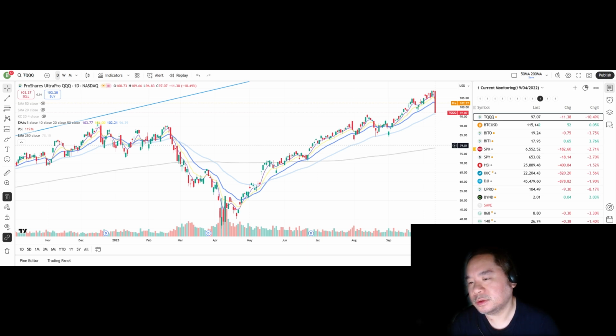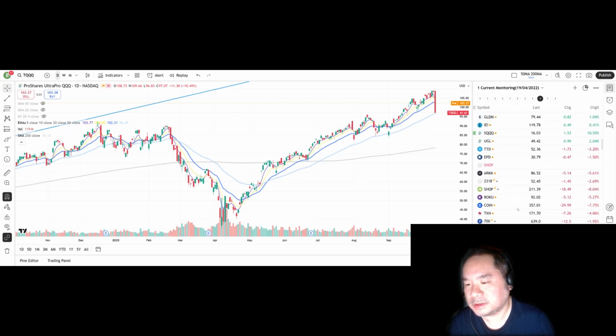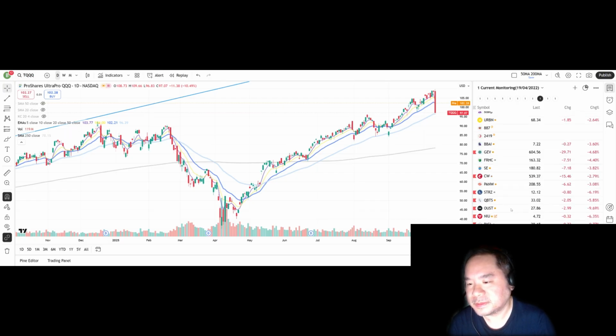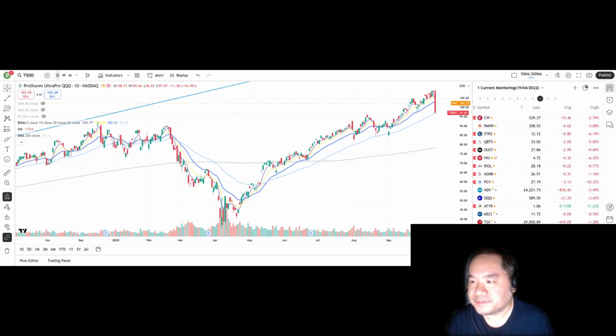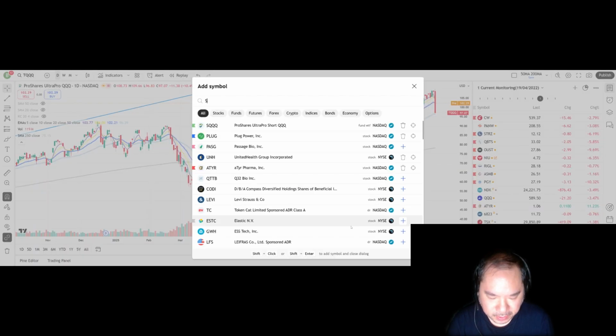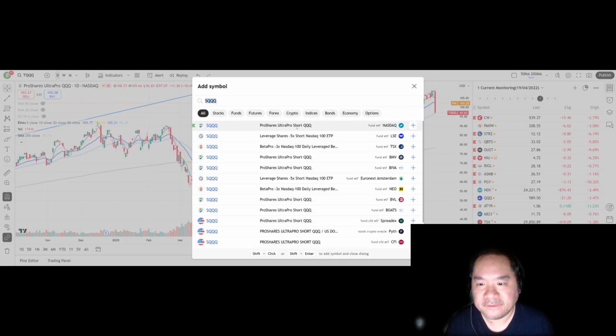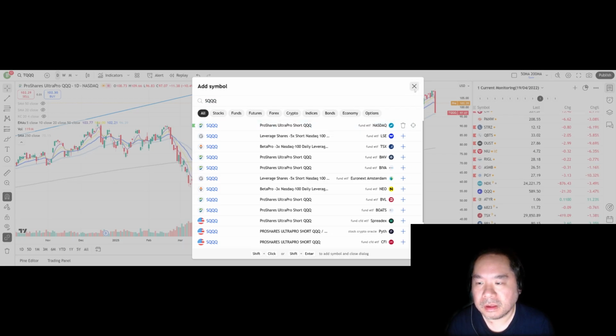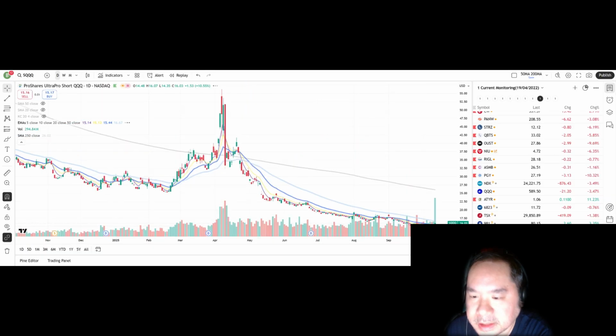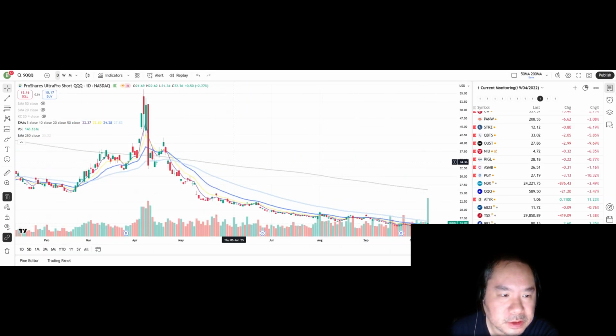So right now I'm going to put on a trade around this price on the SQQQ. SQQQ is the inverse Nasdaq ETF. SQQQ is right here, as you can see.